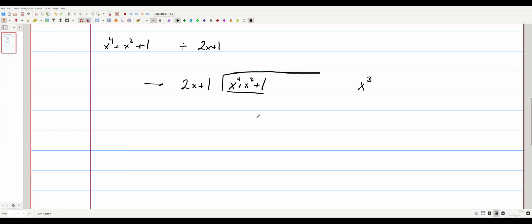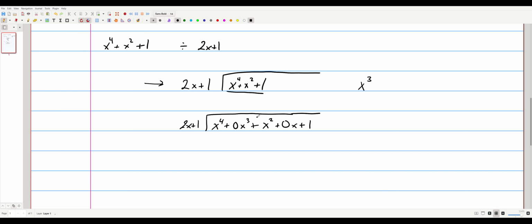So instead of writing the long division like this, what I'm going to do instead is anywhere I have a missing x power, I'm going to fill it in with a 0. And so it's going to look like this instead. And this is really only so that we can keep track of our placeholders. Okay? Just makes our work a little more tidy.